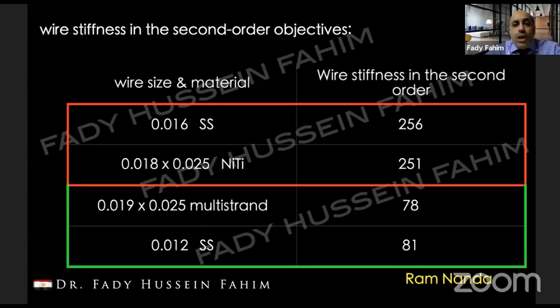Another thing that is very important to understand is that the wire stiffness of the 16 stainless steel wire, for example, is similar to the 18 by 25 nickel titanium. That's why I sometimes replace one of the wires I use in the finishing stage, the 16 steel wire, with a TMA wire if there is something with my stock.